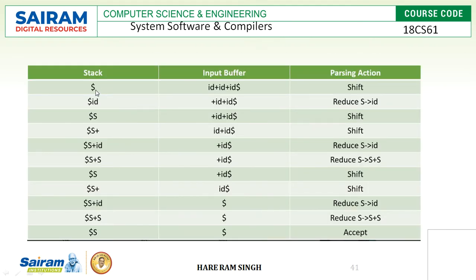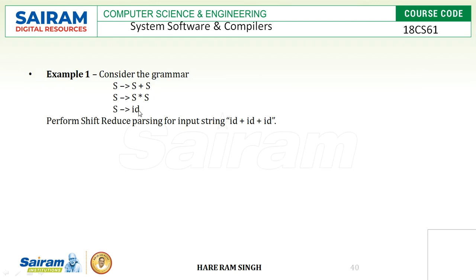Now dollar. First of all, we will shift the input data from the input buffer to the stack. So ID will be shifted here. Shift. Then this ID can be S, because according to the grammar, S generates ID.